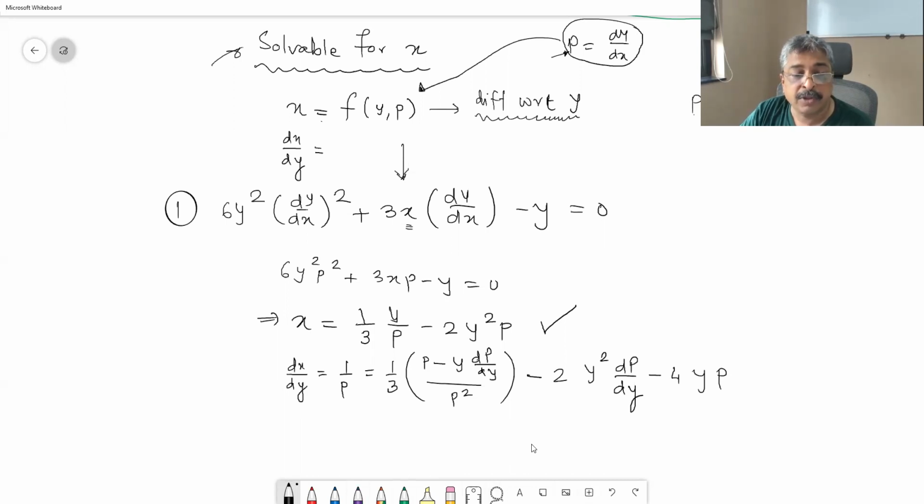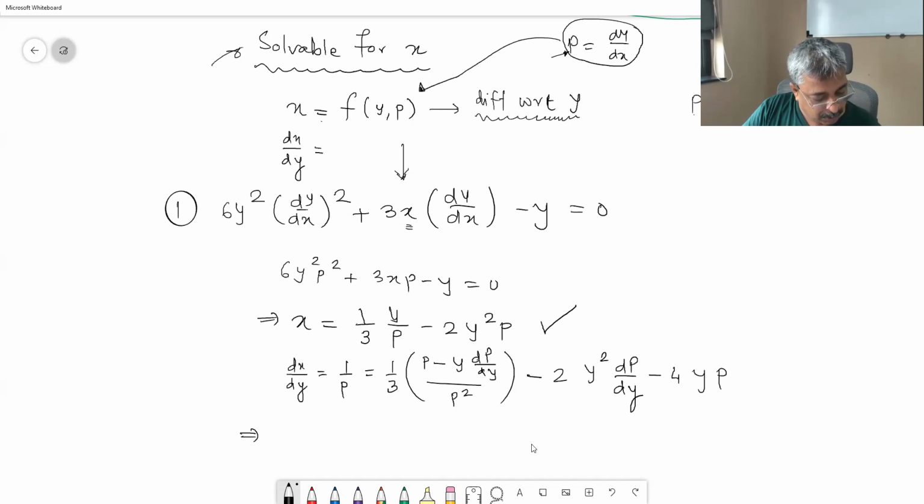Okay, cross check whether this is correct. Now what we are supposed to do is just simplify it. Suppose we multiply by p everywhere, then I have 1 in the LHS and 3p square in the RHS. Can you simplify this and check whether you get this?